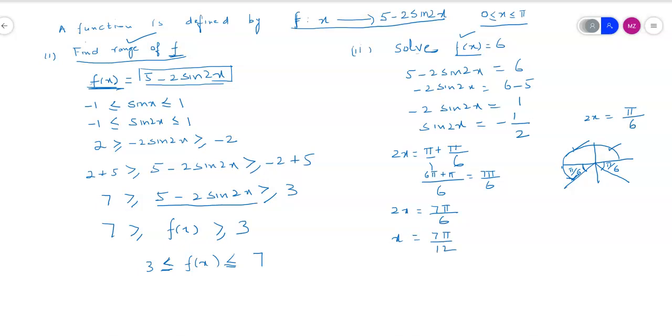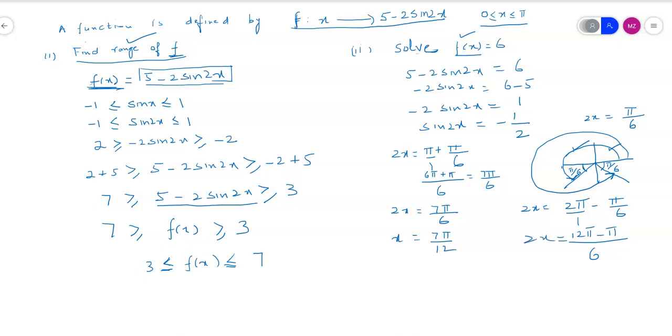Now our second angle will be this one, which is 2 pi minus pi over 6. Taking the LCM 6, this becomes 12 pi minus pi.